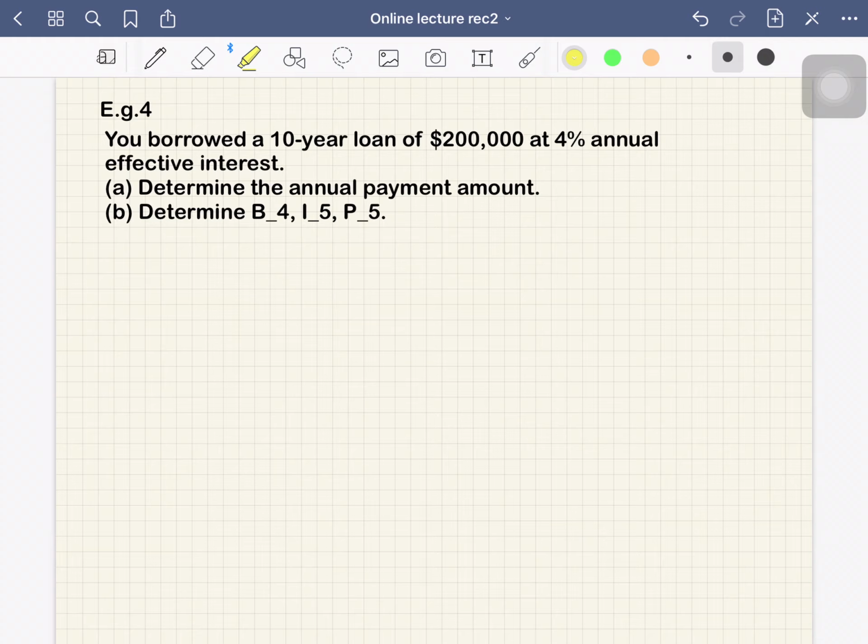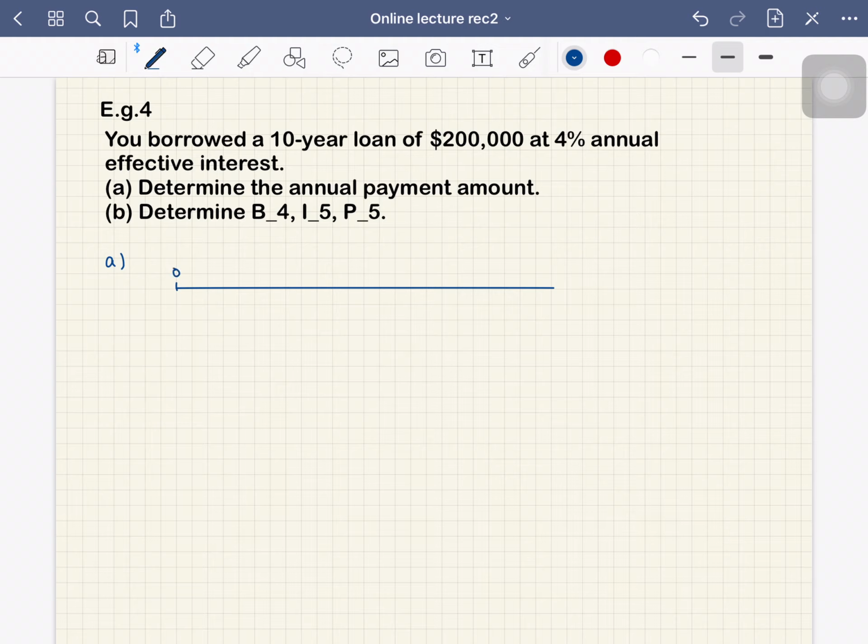Okay, the last question. Example 4. You borrowed a 10-year loan of $200,000 at 4% annual effective interest. And at first, we want to determine the annual payment amount. So this is a kind of inverse problem of annuity immediate.